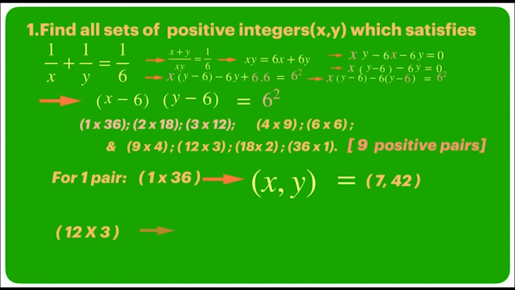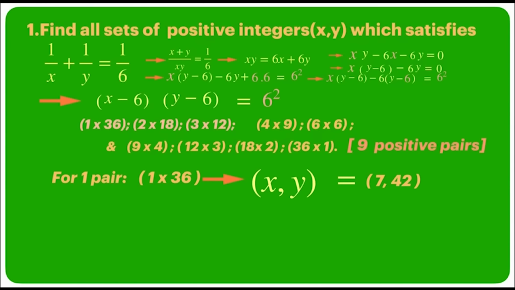And for the next pair, that is 12 into 3, we also get another set of values of x and y, like x equals 12 plus 6, that is 18, and y equals 3 plus 6, that is 9.